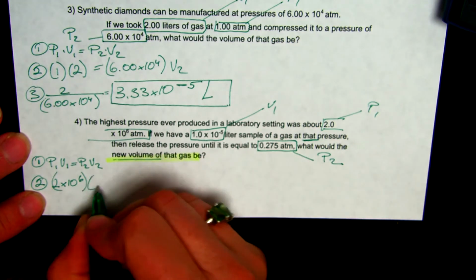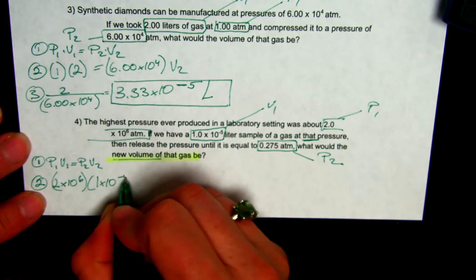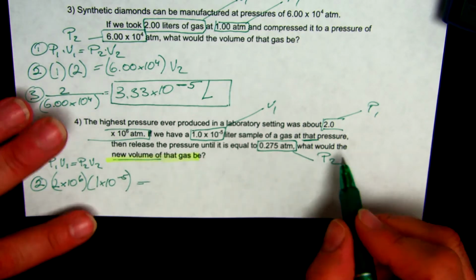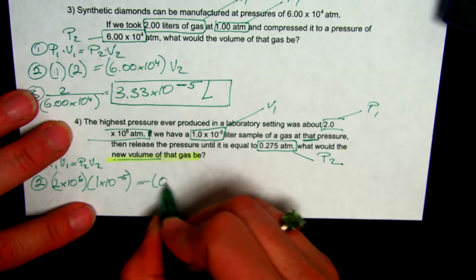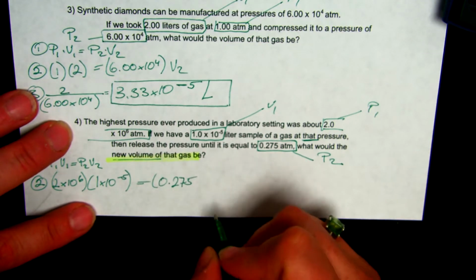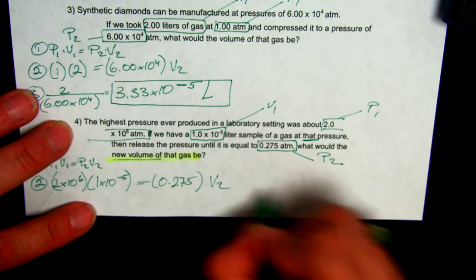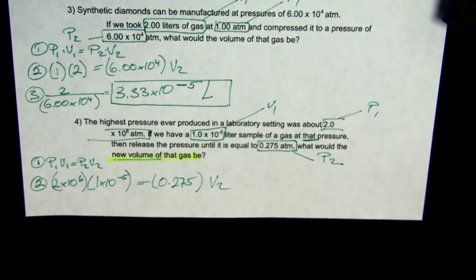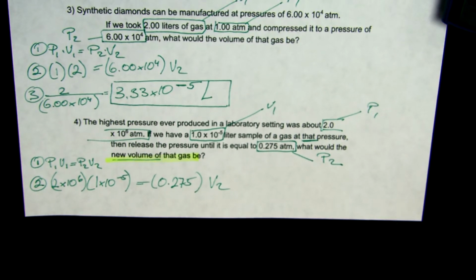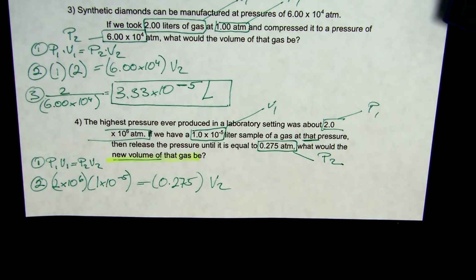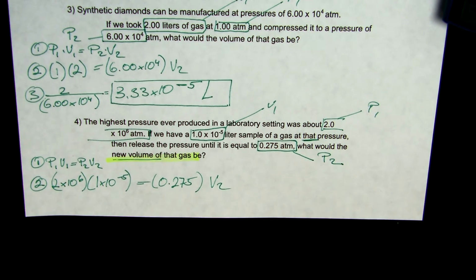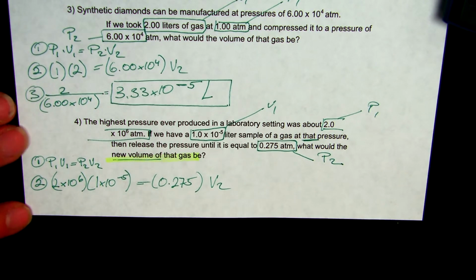Volume 1 is 1 times 10 to the -5 equals pressure 2 is 0.275. And I'm looking for volume 2. If you follow this strategy and you write things like that, you avoid making oopsies. This is your oopsie-proof approach.